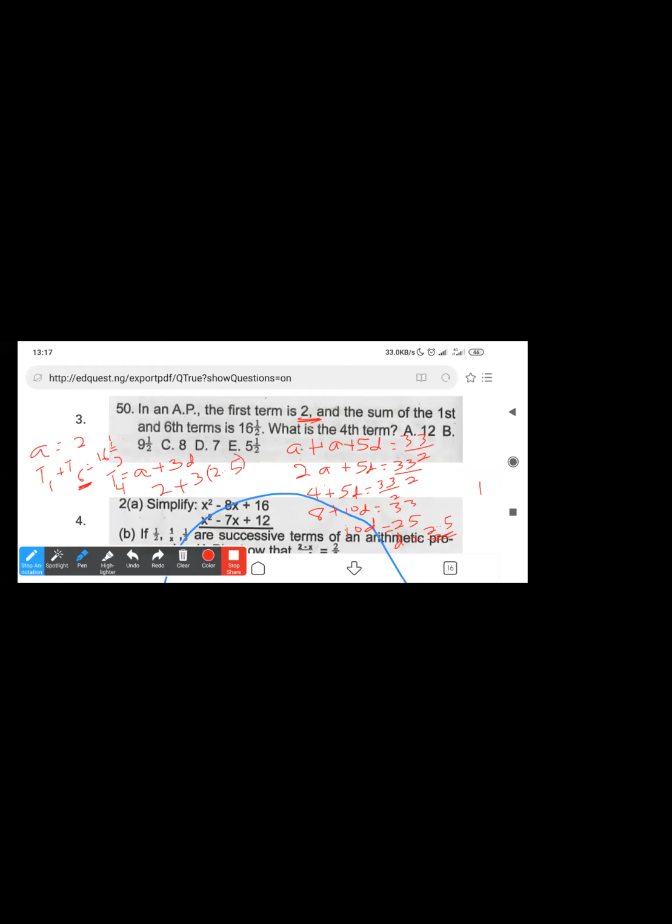So 3 times 2.5 will give us 7.5. 7.5 plus 2 will give us 9.5. So the answer is 9.5. So as simple as that.